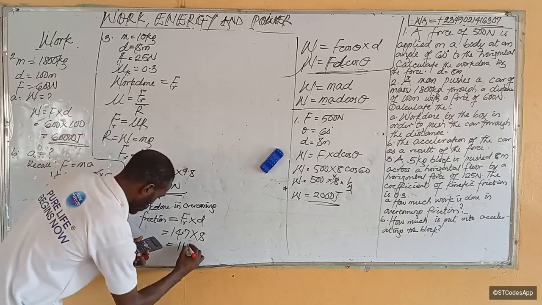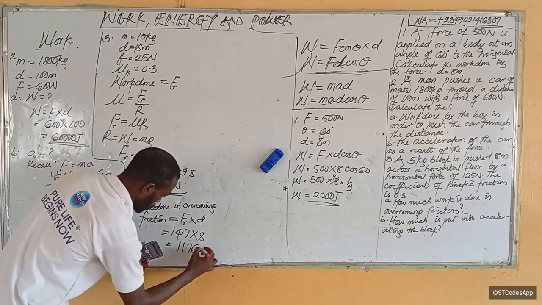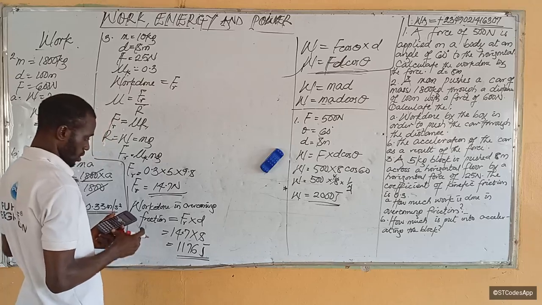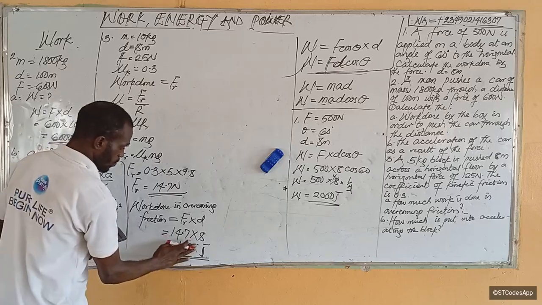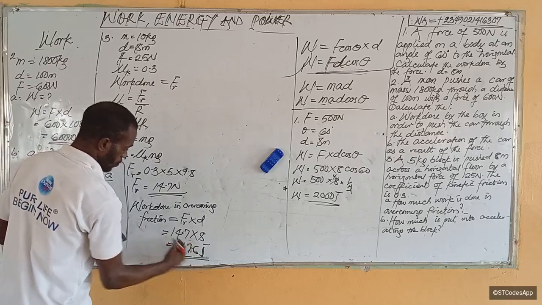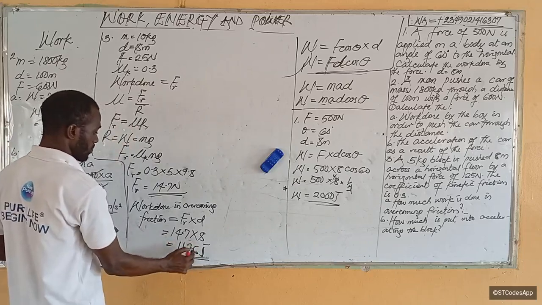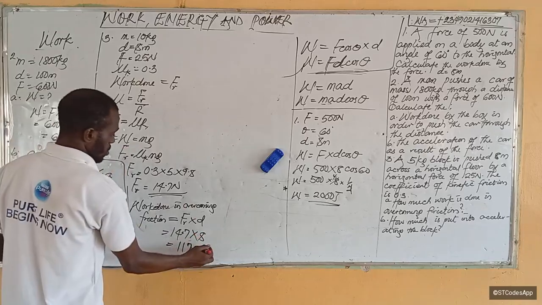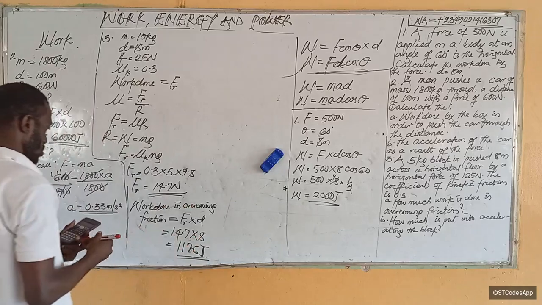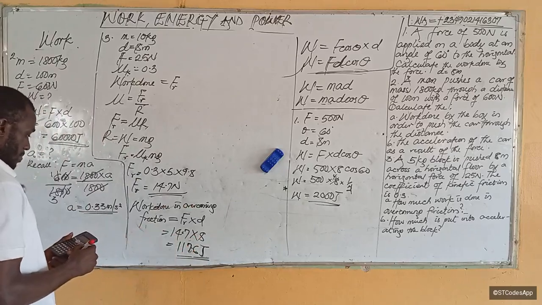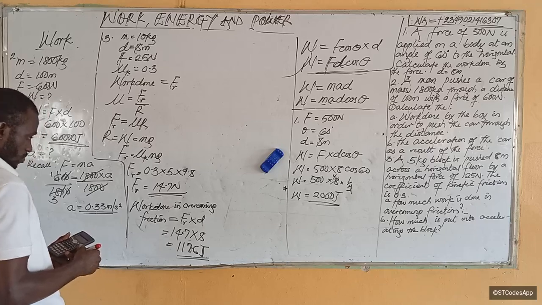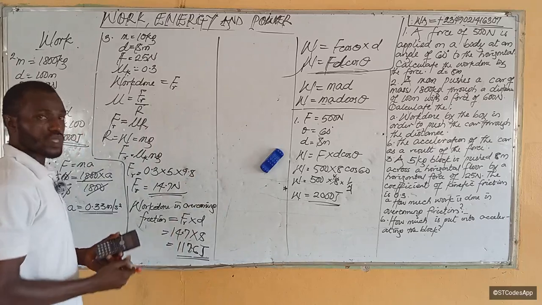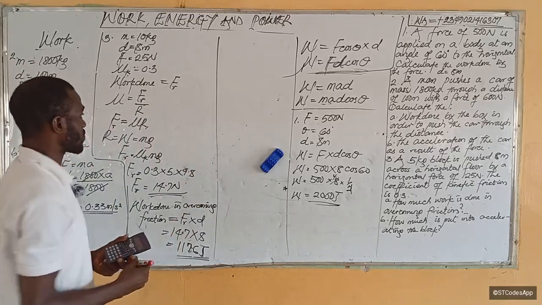That becomes 117.6 joules. This is the work done in overcoming friction.